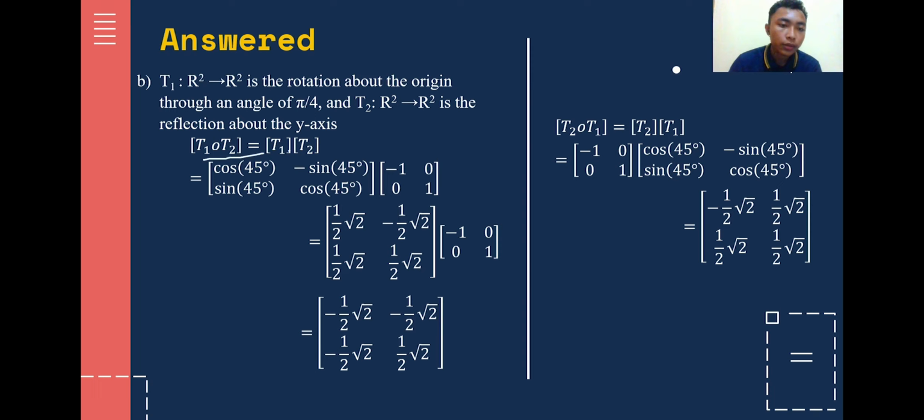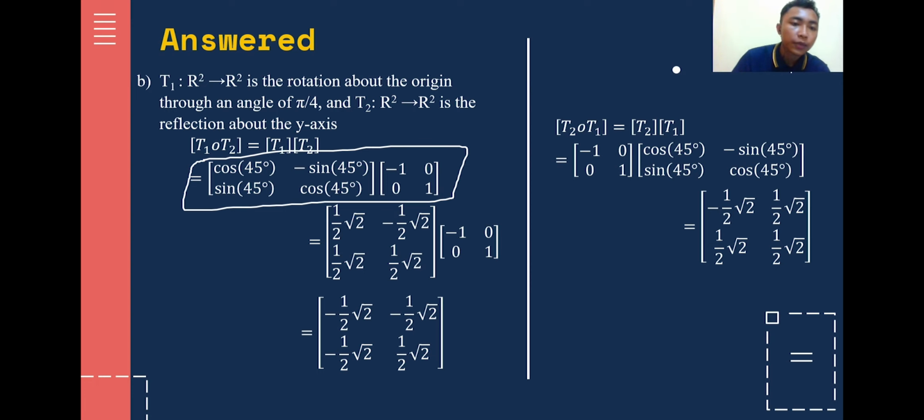So we just need to multiply the matrix formula. This is the formula for pi per 4, cos 45, sin, yeah, like this. We just need to multiply the formula in the y-axis.